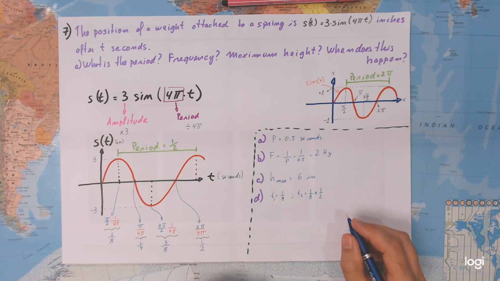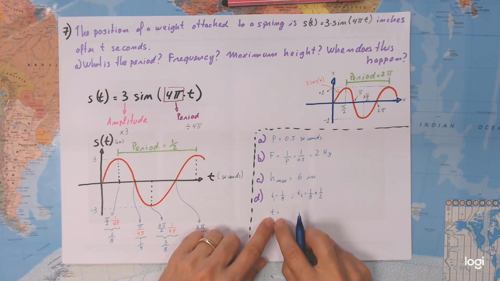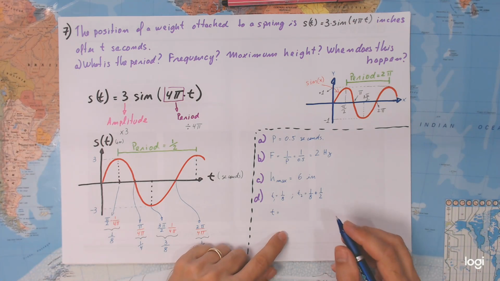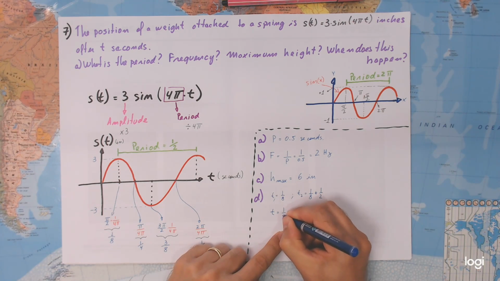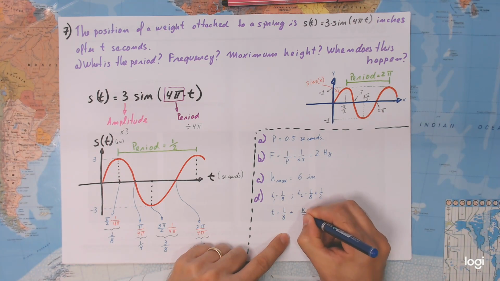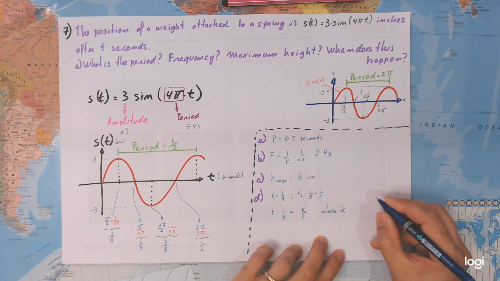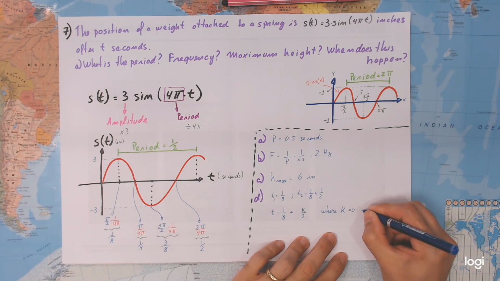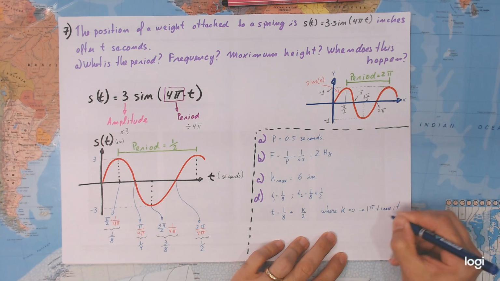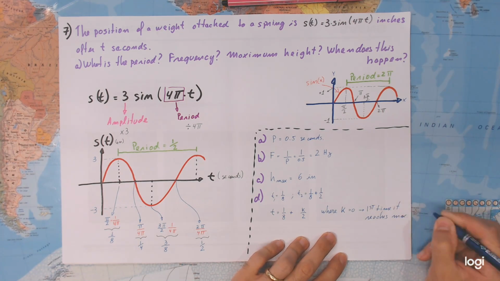So we can say that the general formula for the time necessary to reach this height is going to be what? 1/8 plus k over 2, where k equals 0 is the first time it reaches this maximum.